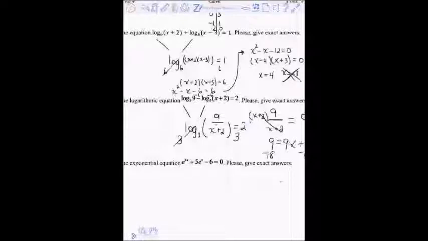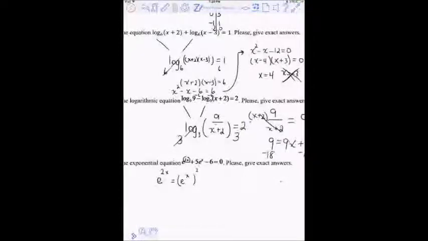Now, first of all, this e to the 2x is the same thing as e to the x, squared. Because remember, when you have a power raised to a power, then the two powers just end up multiplying, and 2 times x is 2x.